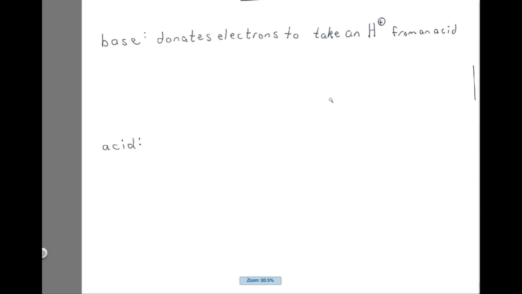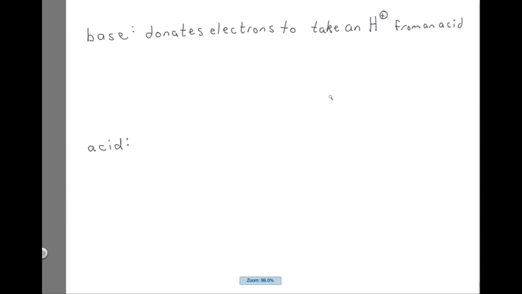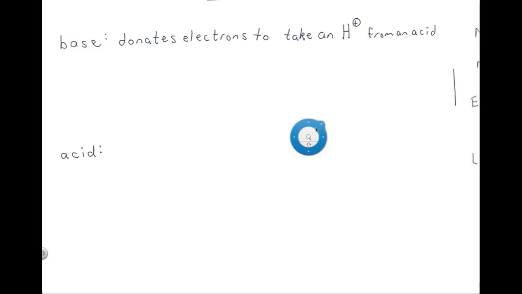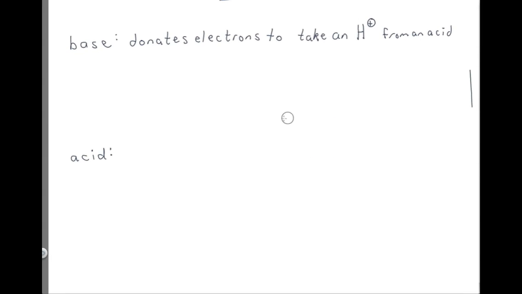Well, let's move on now to the term acid. Pause the video and try to come up with a precise definition for the term acid. Well, that should have been easy if you model your definition of an acid on our definition of a base. Obviously, an acid is the opposite of a base. So where the base donates electrons, the acid will be receiving electrons.